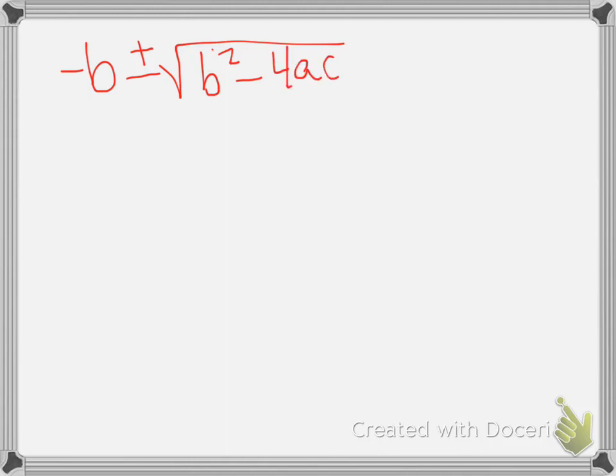Then came the quadratic formula. So that was negative b plus or minus the square root of, I already screwed it up. Negative b plus or minus the square root of b squared minus 4ac, all over 2a.